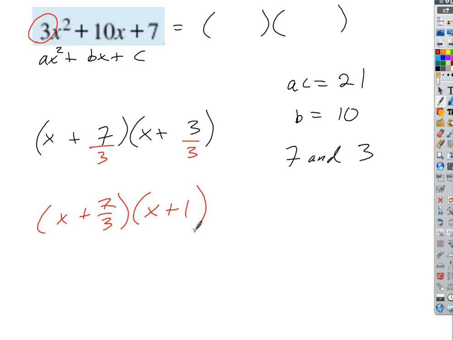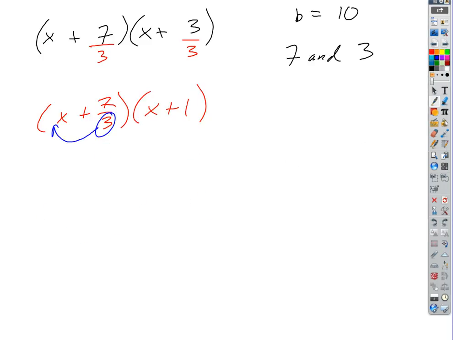But what do we have to do in this case where the fraction didn't reduce? 3 goes in front of the x value. Yeah, we go bottoms up. Whatever's left in the denominator on the bottom goes up in front of the x, and that's our answer, right? So then we just end up with 3x plus 7 as our first factor, times x plus 1.